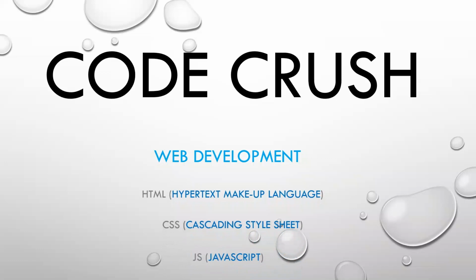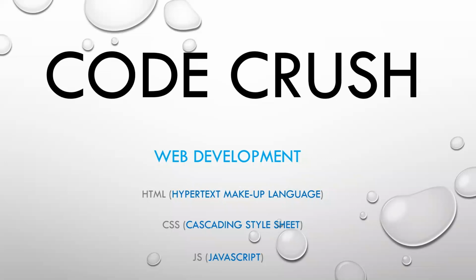That's just, I would say, the basics. HTML, which stands for hypertext markup language, is the structure of your website, the content, what you want to be in your website.